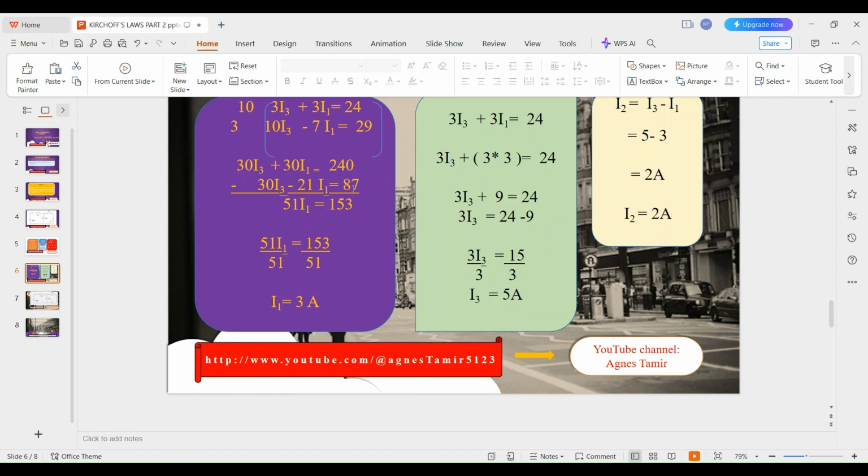When you take your calculator and key in 240 minus 87, we shall have 153. Now, I want to look for I1. Therefore, I will divide both sides by 51. So by 51, by 51, 51 by 51, I'll remain with I1.